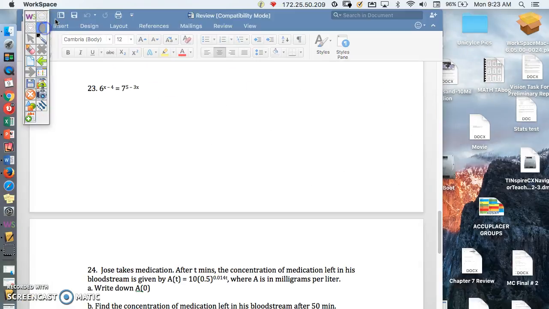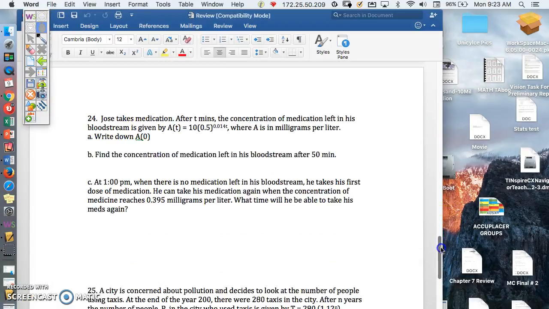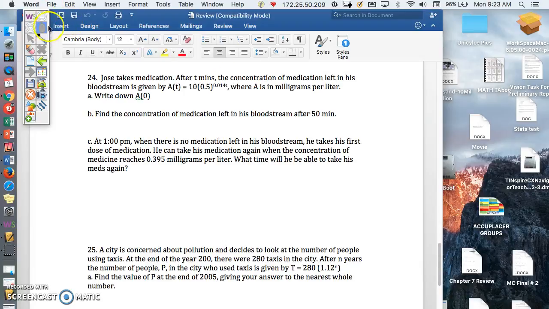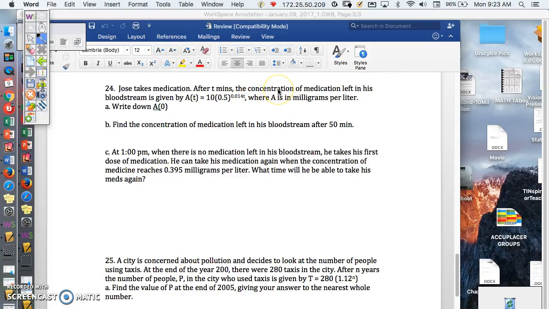Now onto this back page, the word problems here. Jose takes medication. After t minutes, the concentration of medication left in his bloodstream is given by this equation. Write down A of 0. Okay, well 10 times 0.5 to the 0.014 times 0.